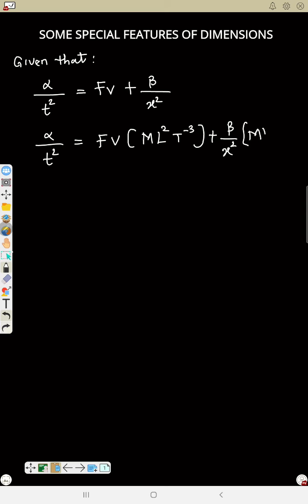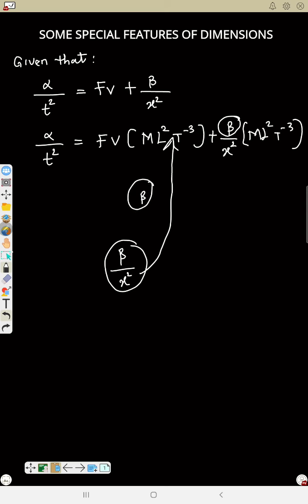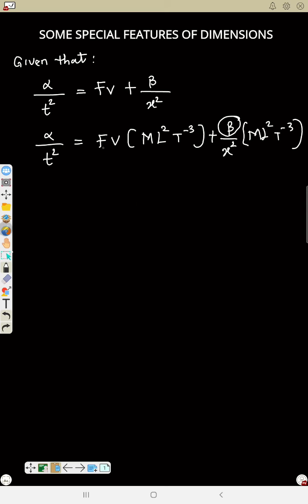That will be ml square t raised to power minus 3. But don't forget, the first part we found is the dimension of beta, not beta over s square. Take note, beta over s square has this dimension, but only beta is the one that we found. Then for these two to be the same, the dimension of fv must be equal to the dimension of beta over s square.